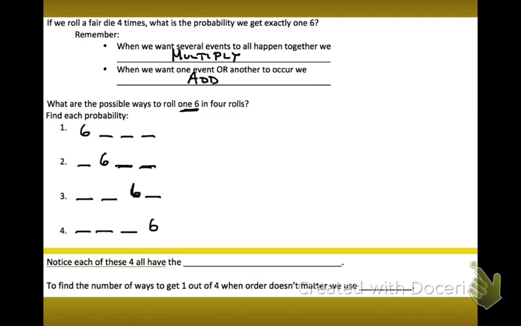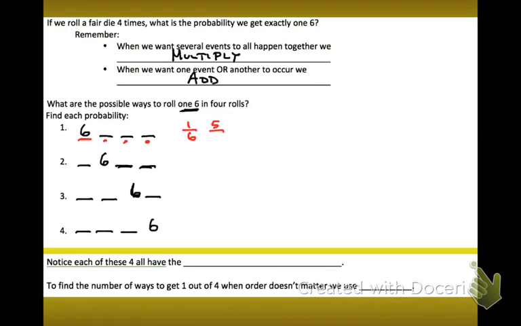So if we want to find the probability of each of those, we're going to look at each piece individually. So the probability of rolling a 6 on the first roll would be 1 out of 6. And then everything after that, the probability of not rolling a 6, here, here, and here, is going to be the other 5.